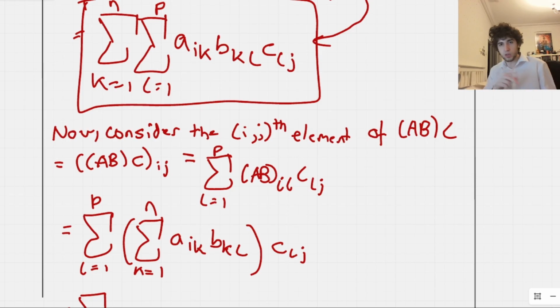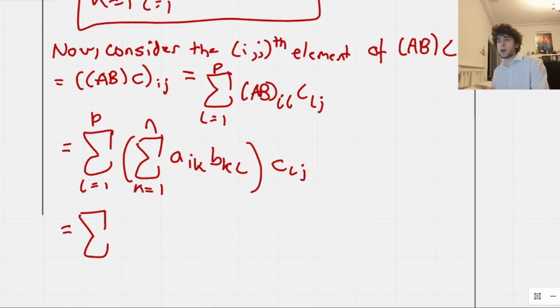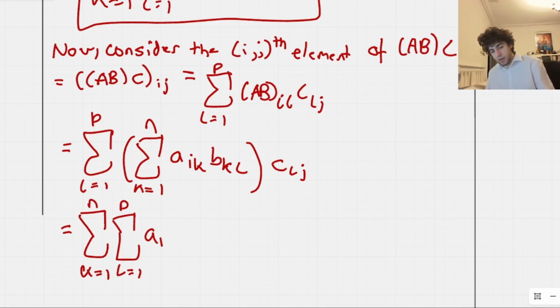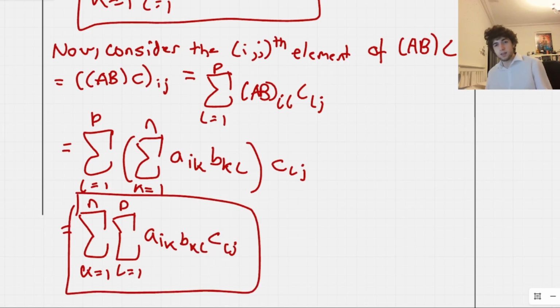So you can also swap the order of finite double sums, okay? So obviously we have the sum from L equals 1 to p of the sum from k equals 1 to n of all of that. But you can swap the order of those as well, and if you want, you can show that that will keep the sum exactly the same. They're finite sums, so this holds in general for double sums. So we have the sum from k equals 1 to n of the sum from L equals 1 to p of aik, bkl, clj, and that is exactly what we had up here, right?